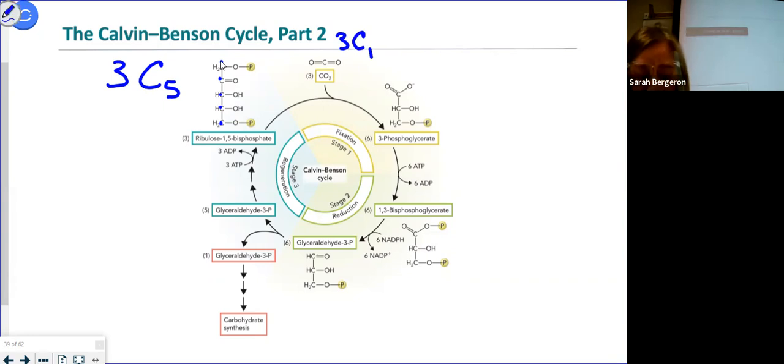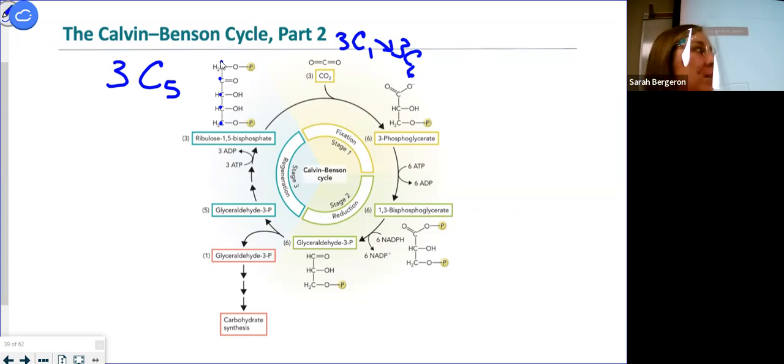Okay. All right. Now, what we are going to do is convert it in what's called stage 1, the fixation stage. We're going to convert it into 3 6-carbon sugars. But we don't make 6-carbon sugars in Calvin-Benson.